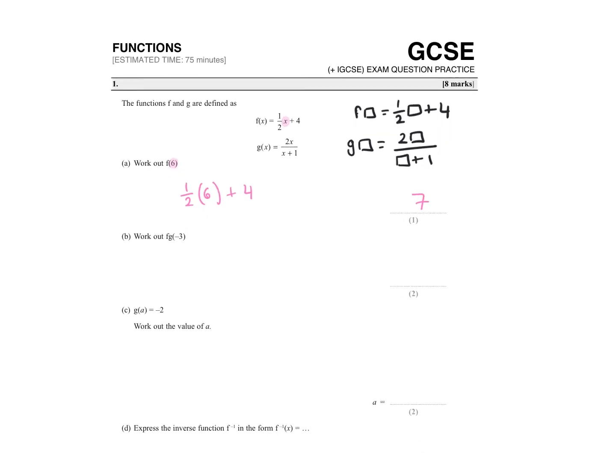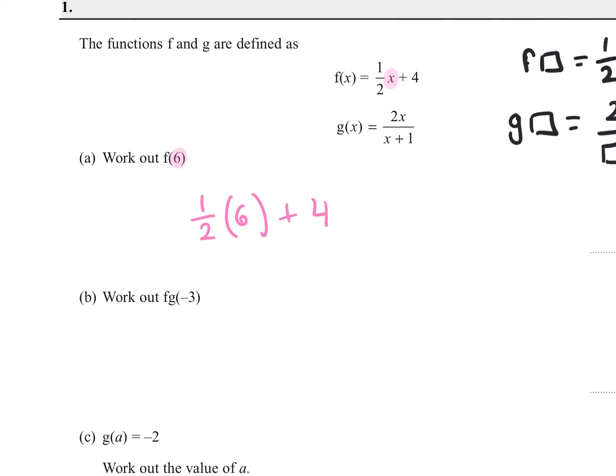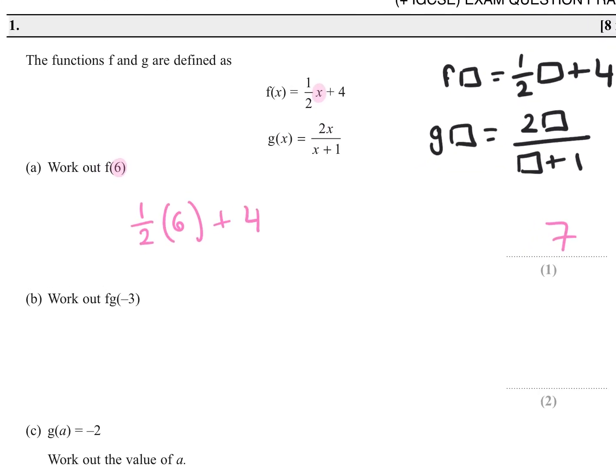Okay, part B says find f of g of minus 3. So this is saying the function of g of minus 3. Now mathematicians are slightly lazy and a bit innovative. This is literally saying f of g of minus 3. So step 1, I'm going to find g of minus 3.